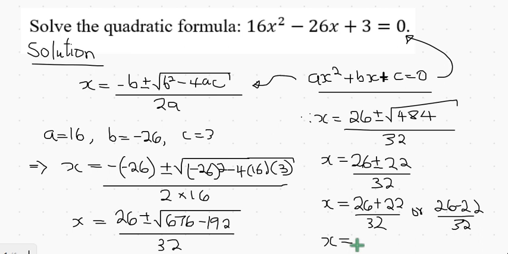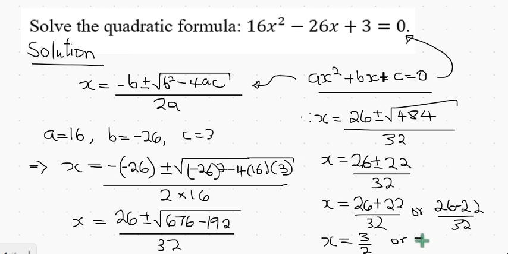When you add 26 and 22, your answer is 48. 48 divided by 32 is 3/2 in simplified form.